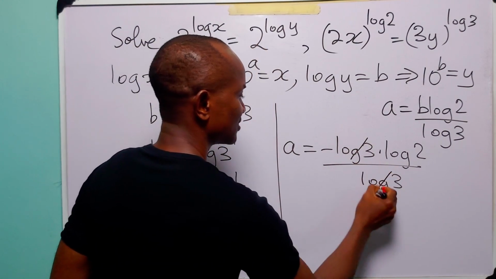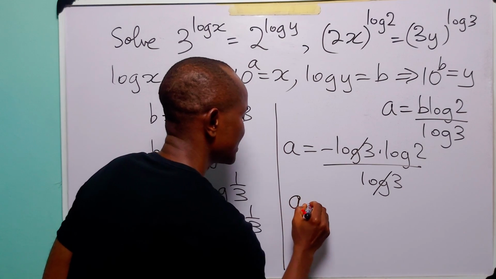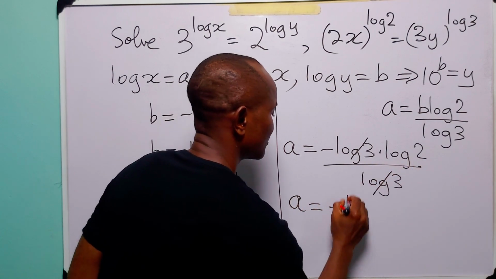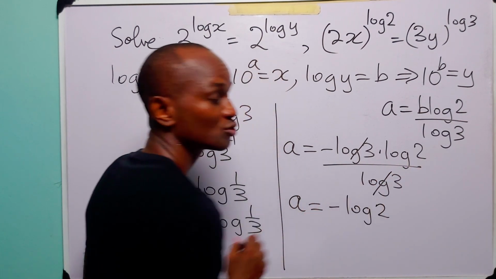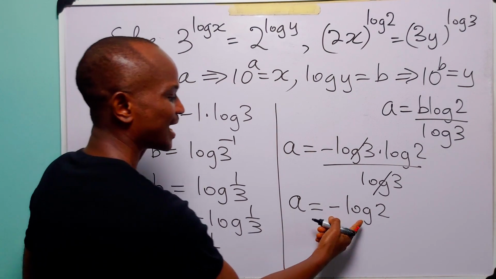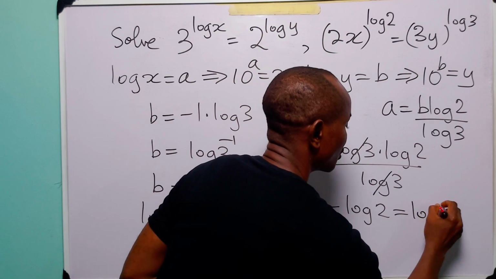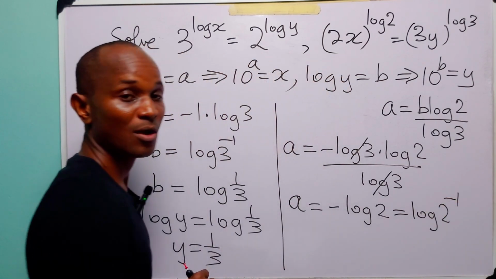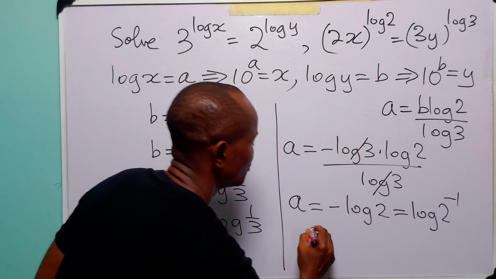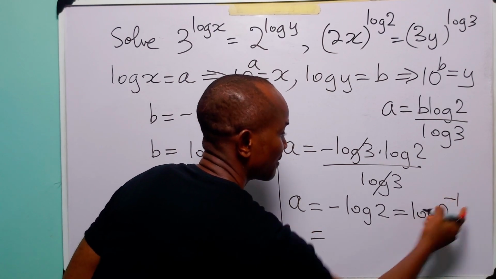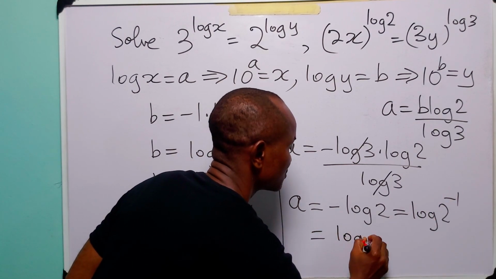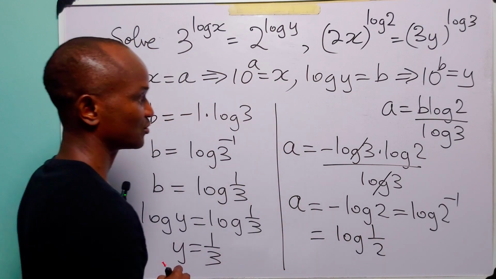Now, this is going to cancel that to tell us that a is equal to minus log 2. Once more, applying the power rule, this is equal to log 2 to power minus 1. And from our rules of indices, 2 to power minus 1 is equal to 1 over 2.